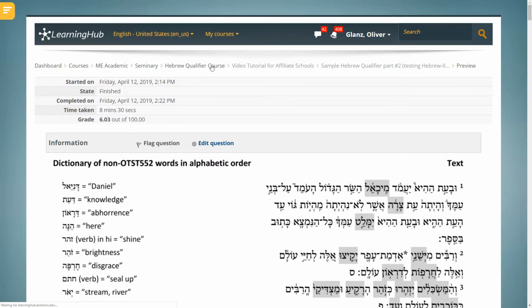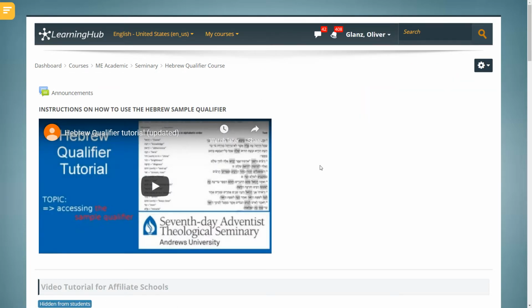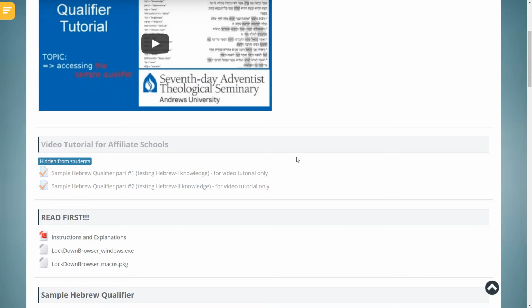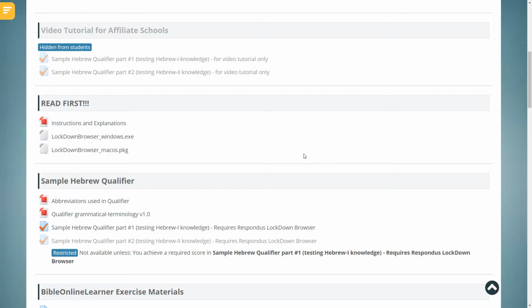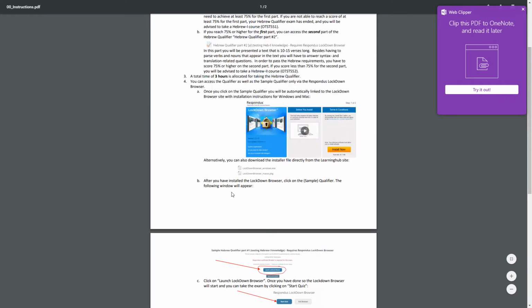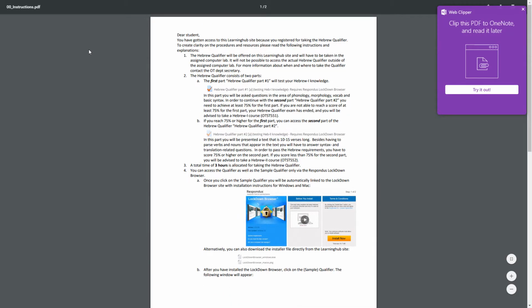So finally, let's bring this to an end. I just want to show you what information students have, and I'll send that on your request. I'll send those PDFs to you per email, or our secretary will do so. There's a whole PDF on instructions and explanations, and you should print that out and give it to your students so that they know how this whole thing works.